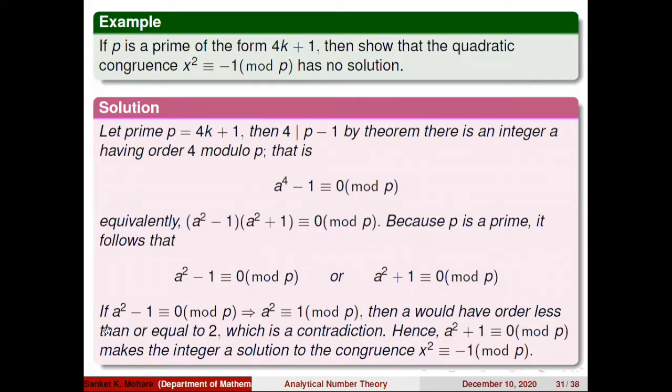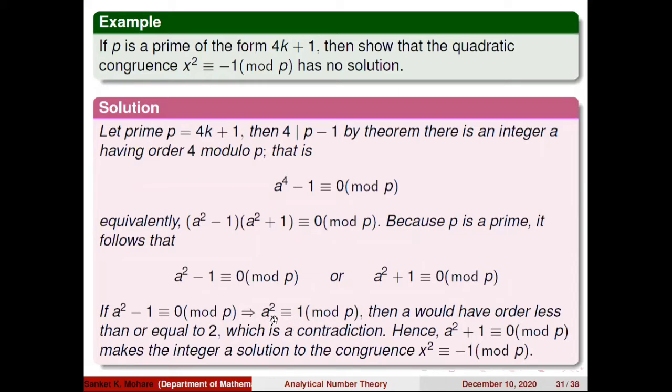If a squared minus 1 is congruent to 0 modulo p, this implies a squared is congruent to 1 modulo p. So what does it mean? It means the order of the integer a is less than or equal to 2.